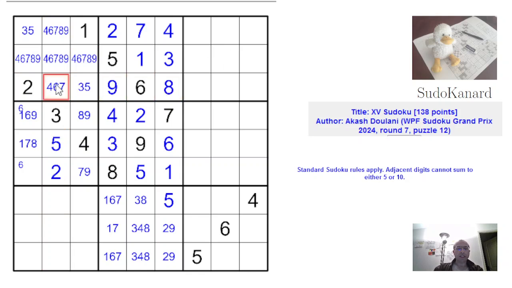This is not 6. And 7 can't be next to the 3, so that's a 4. 4 can't be next to the 6. This is not 7 just by Sudoku. 9 can't be next to the 1. 8 can't be next to the 2. And I think that's it for the time being.